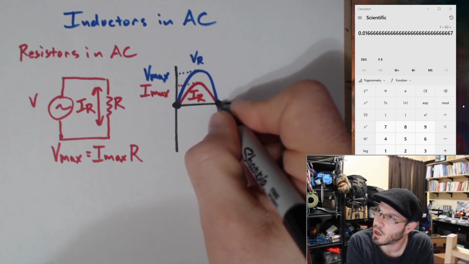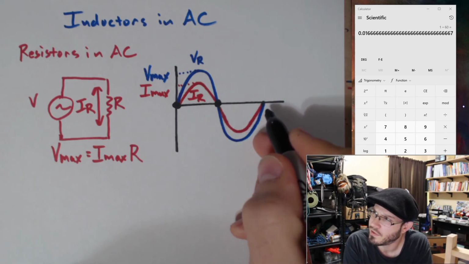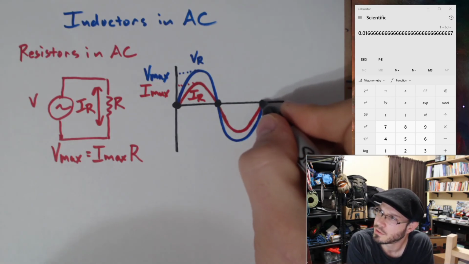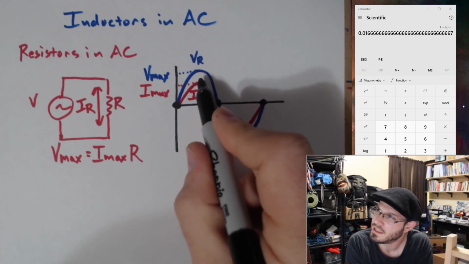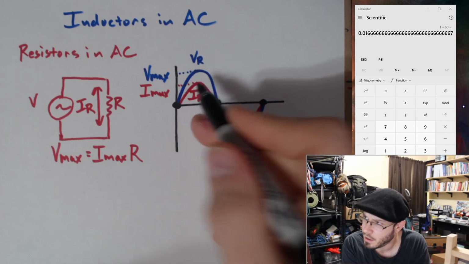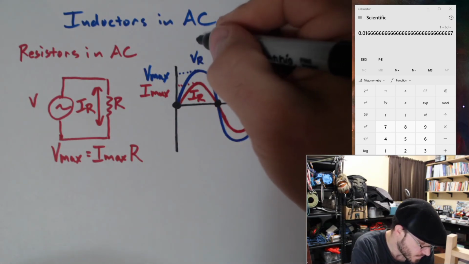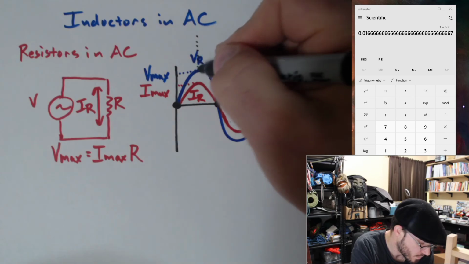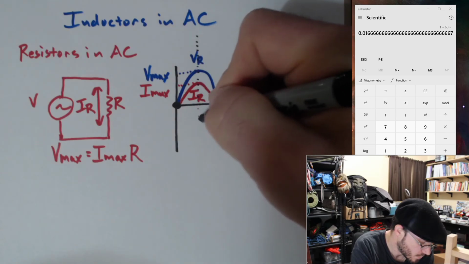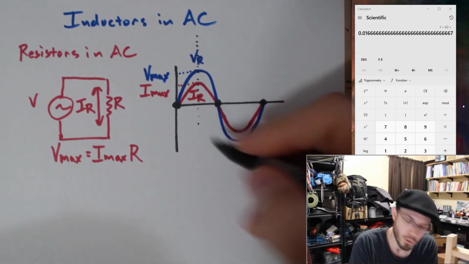They cross the 0 at the same time. And again, they go down to the lowest value and then they come back up to 0 again. Well, the same thing is true for the peaks. Both the voltage and the current reach their max value at the same exact point. And they reach their minimum value at the same point.